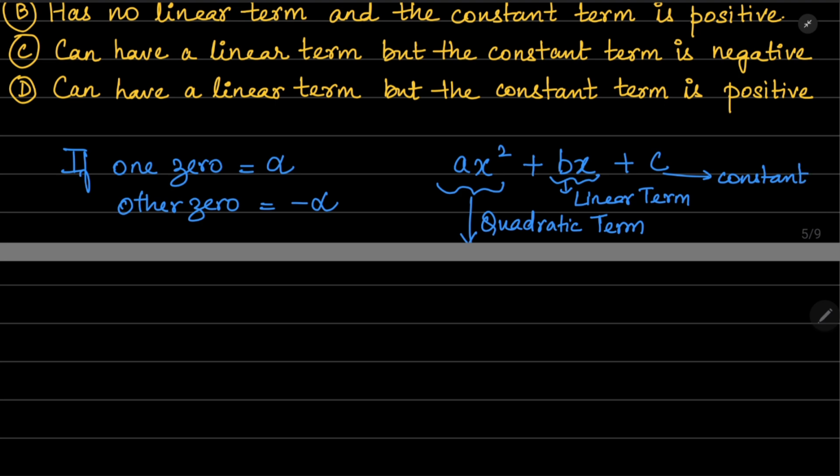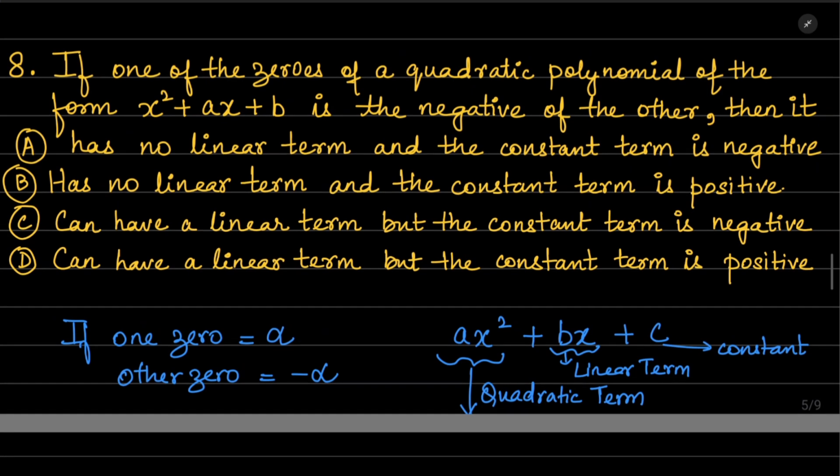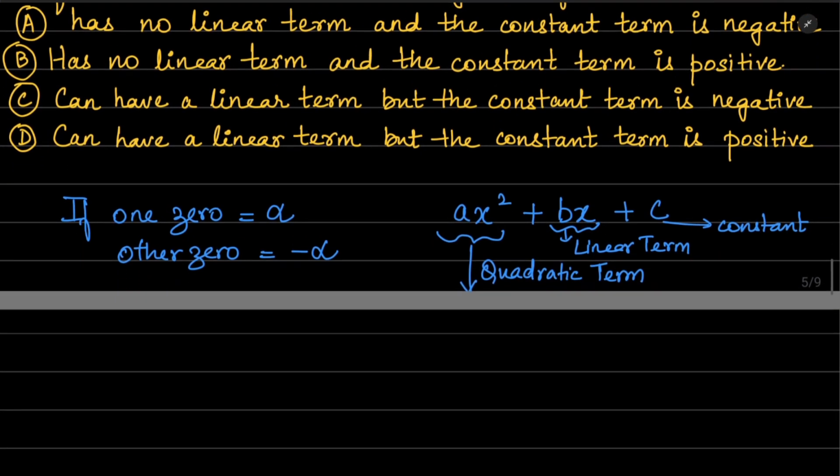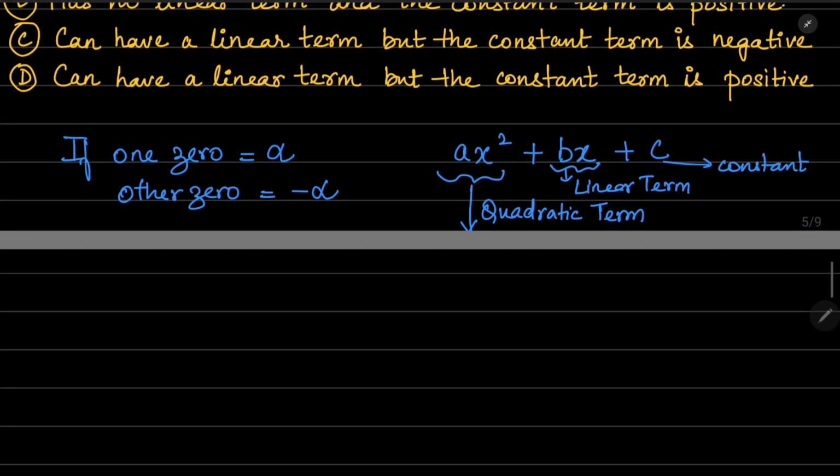Now, according to the question, if one of the zeros is alpha and the other is negative of alpha, then what is the quadratic polynomial? The formula is k multiplied by x square minus the sum of zeros into x plus product of the zeros.